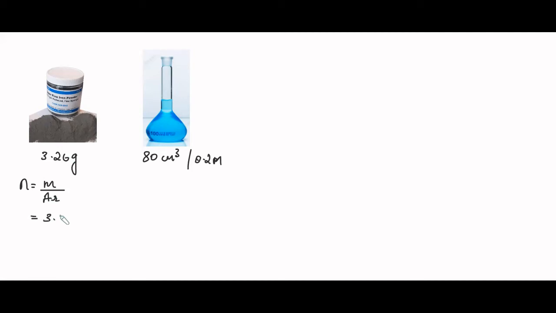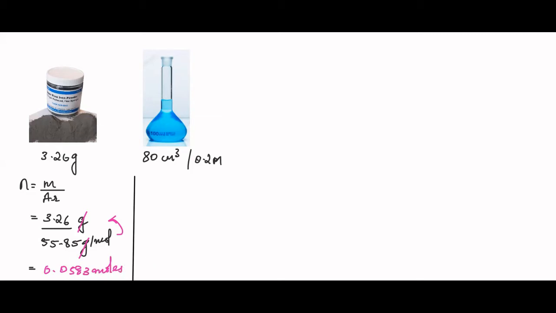Mass is given as 3.26 grams and the atomic mass of iron is 55.85 grams per mole. When calculating, grams and grams cancel out, and moles goes to the numerator. So I'll be getting 0.0583 moles.